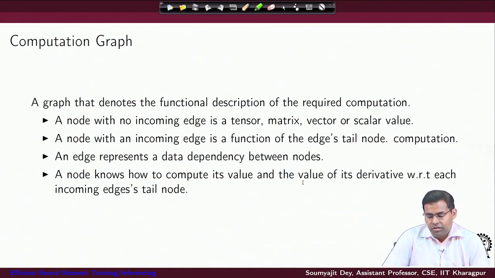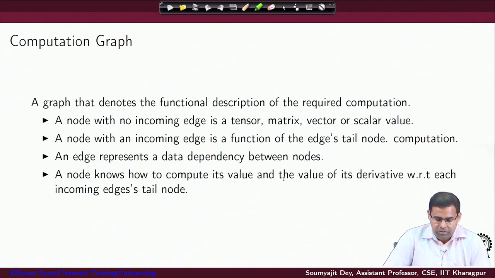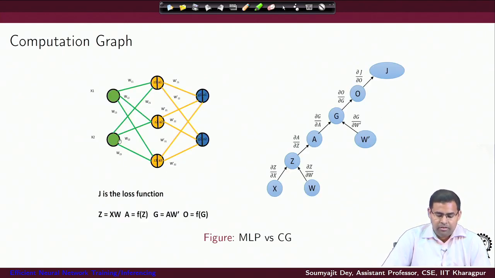And also it knows how to compute the value of its derivative with respect to each incoming edge's tail node. So, if asked, this node can compute the derivative of z with respect to w. Okay. Now, this is the next thing that we will use. So, considering j as the loss function, again let us recall that we have this computation going on.